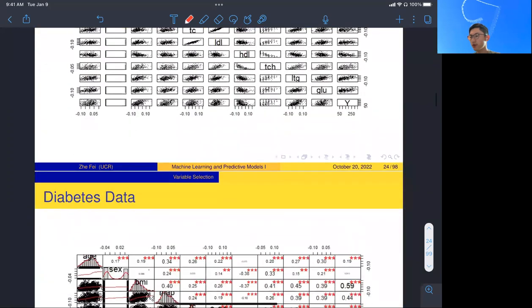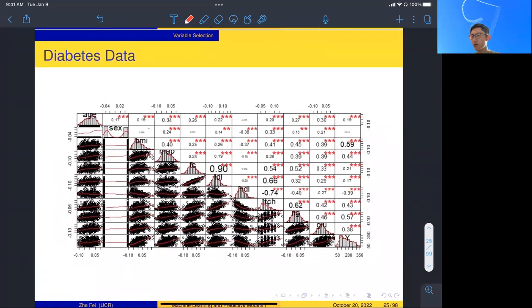Essentially, it shows you the marginal distribution of your data, right? So we see here on the diagonal panels, we have all of our predictors, right? Age, sex, BMI, so on and so forth, and also including Y, right? So the last panel is our outcome Y.